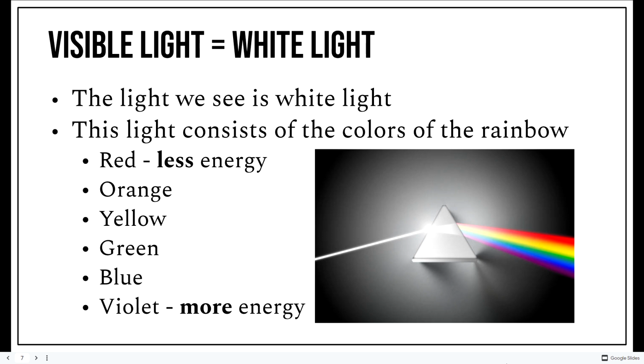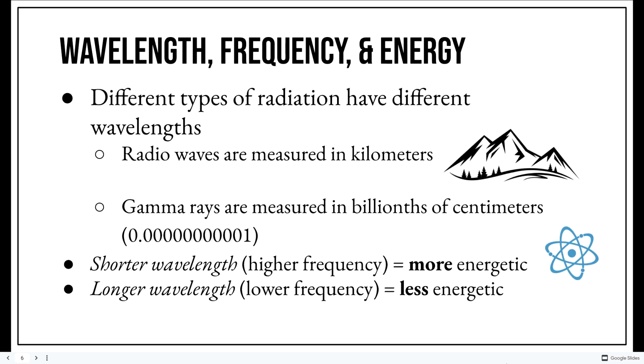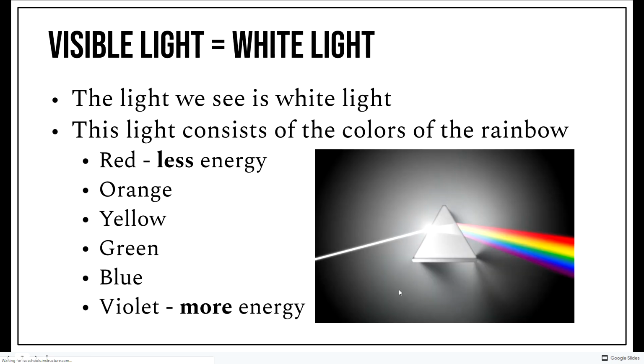Violet or purple has the shortest wavelength, and it has the most energy. So remember, more energy, short wavelength, higher frequency, so that is our purple. And then the longer wavelength with lower frequency and less energy, that's our red.